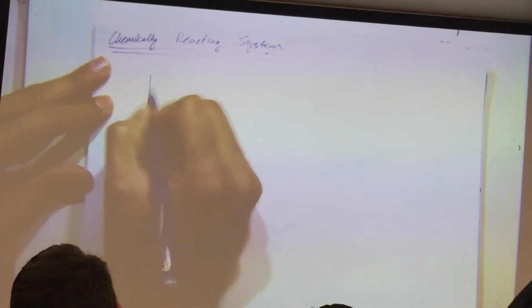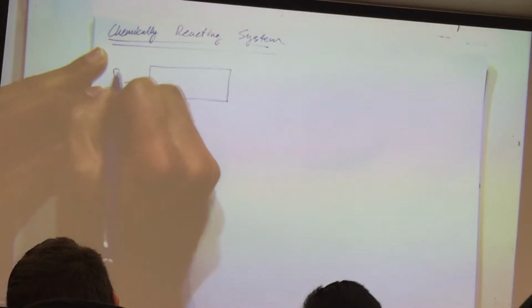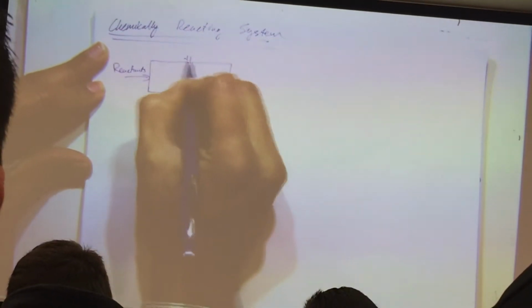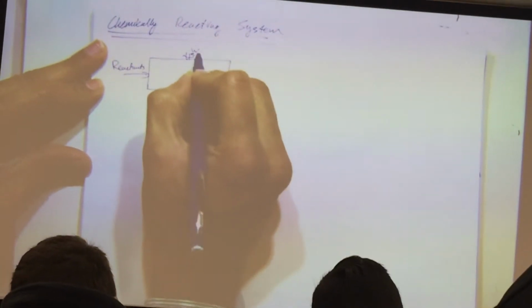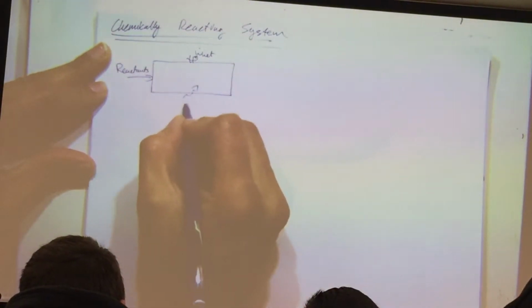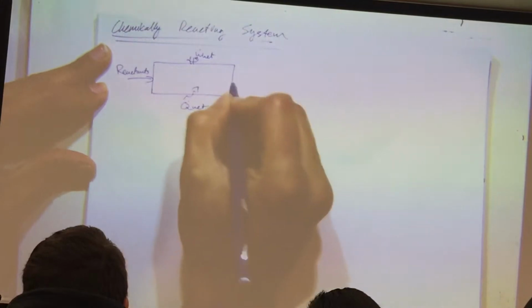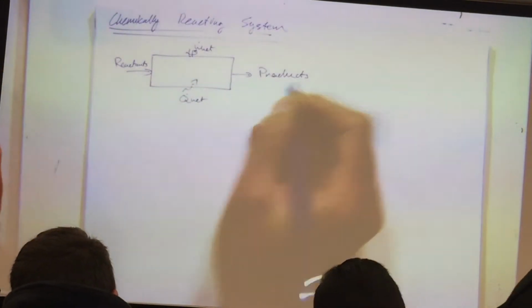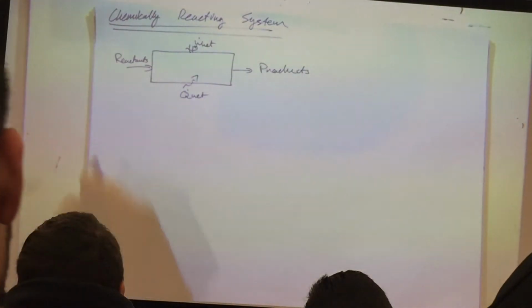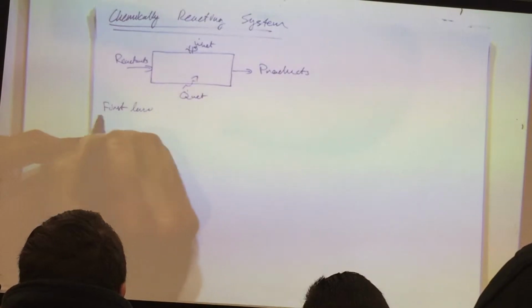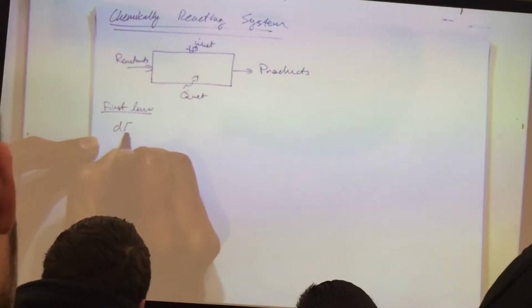If I have a system of some sort like this, where I have reactants, some work, some Q net, and some products, let's apply the first law. What do we get?